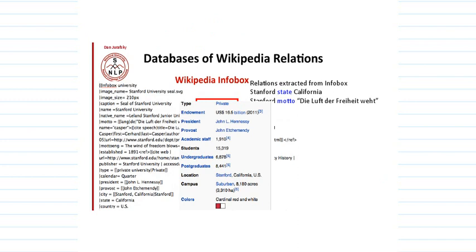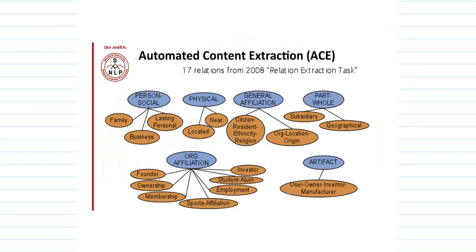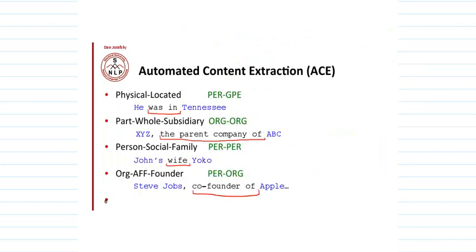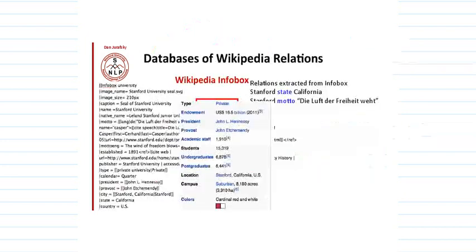Similarly, we see here that we can use the data set or the text from the automated content extraction task, and we could use the text of UMLS. Similarly, we can derive the data set for relation extraction from Wikipedia.